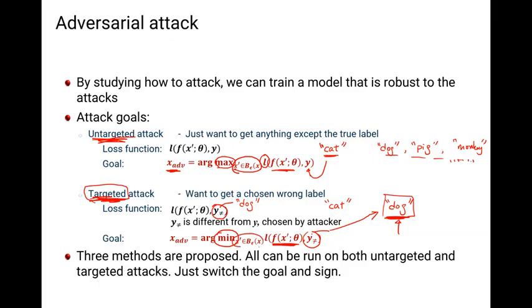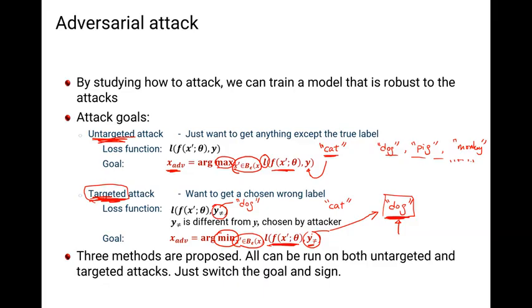You want to find the image within your small neighborhood that is misclassified as a dog. So that's why you want to minimize that. If you write the goal in a mathematical form, they are slightly different.